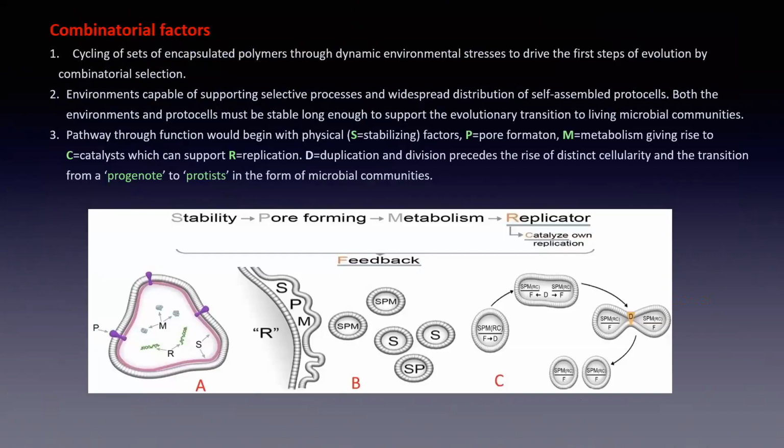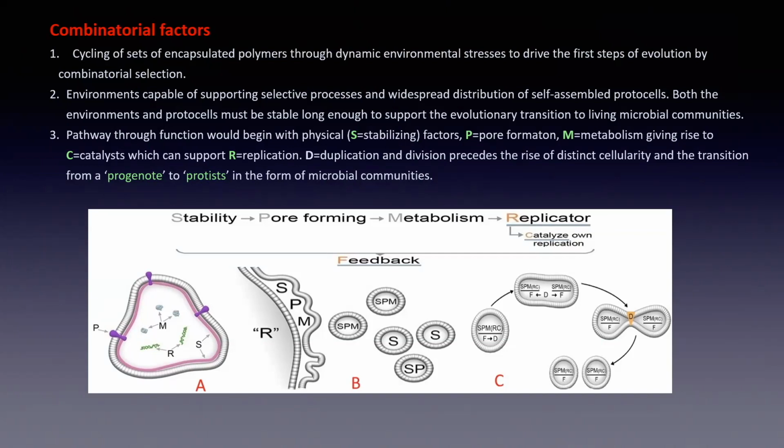Then these combinatorial factors, this is a slide that Bruce put together. It shows that we can combine polymers with membranes in such a way that the polymers provide stability of the membranes. That's S in that little diagram under A, or they can penetrate through the membrane and produce pores.